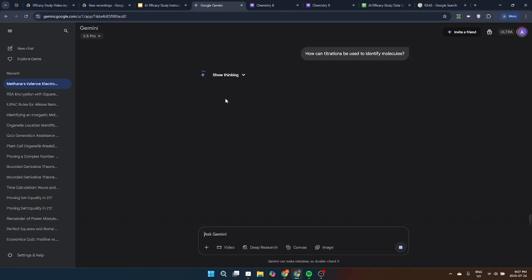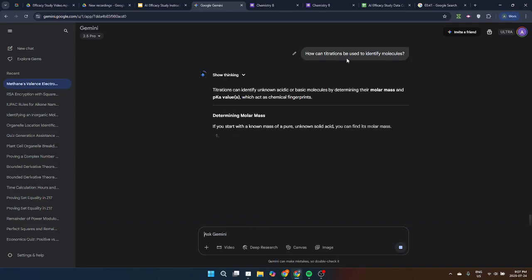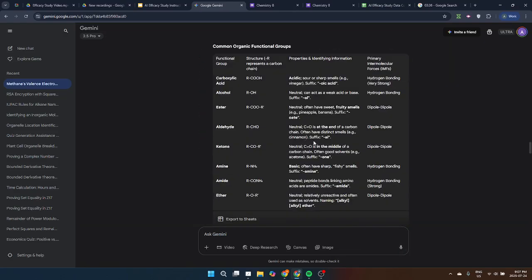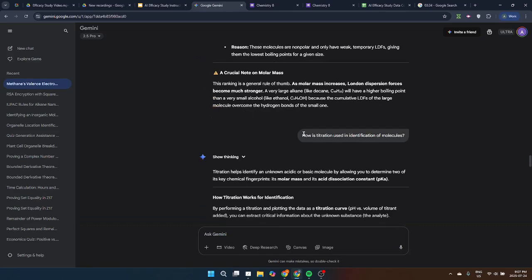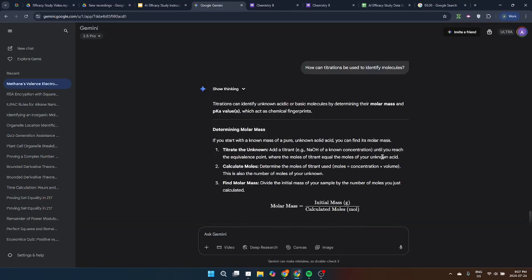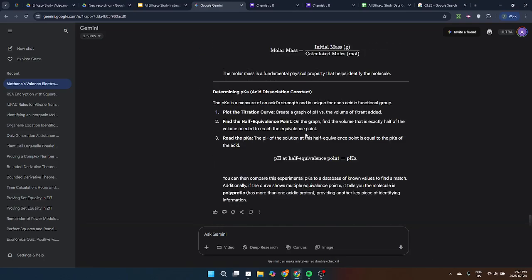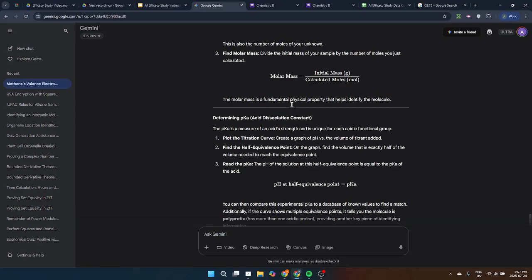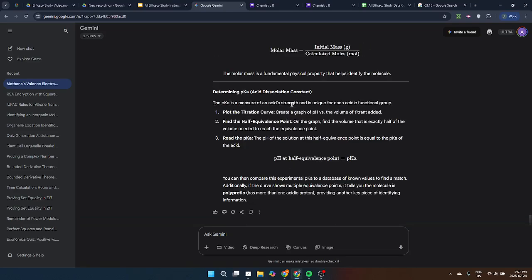How can titrations be used? I feel like I asked a very similar question here. How is titration used in identification of molecules? Okay, so it's going to give us an extremely similar response. I don't know how useful this response is to us because it talks about pKa calculations, right?